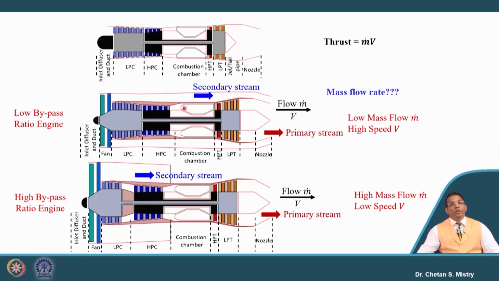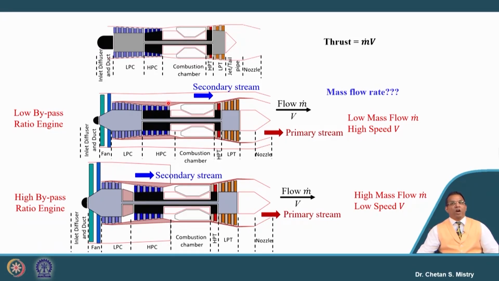Now, in this case, since we have this outer layer reducing the temperature, it will reduce the IR signature. That is also one of the benefits, which we can call stealth technology. For that application, this is of great need. Such a kind of engine, what we call a low bypass ratio engine, has that benefit.